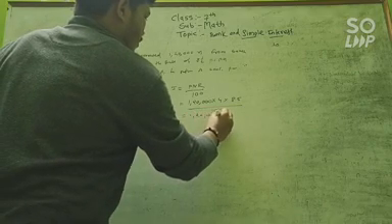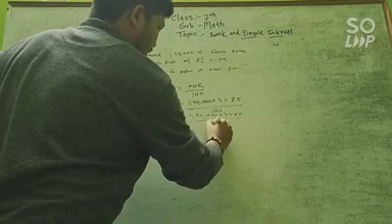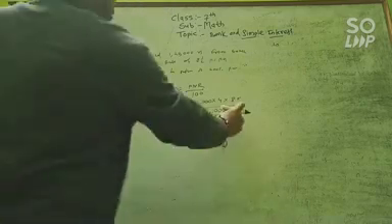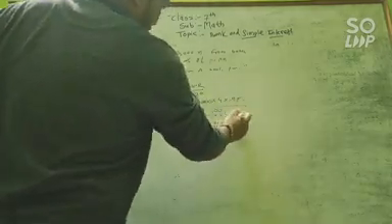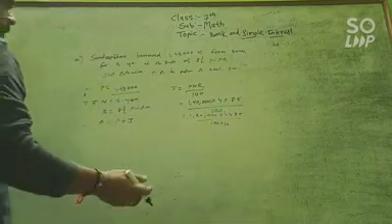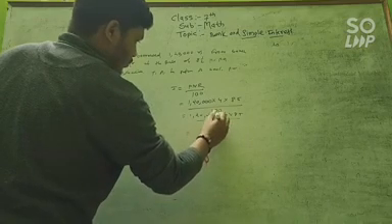So 1,20,000 multiplied by 4 multiplied by 85 divided by 100 multiplied by 10. Why 10? Because we have a decimal, so the numerator and denominator both get multiplied by 10. So 8.5 gets converted into 85, and the 0 gets cancelled.